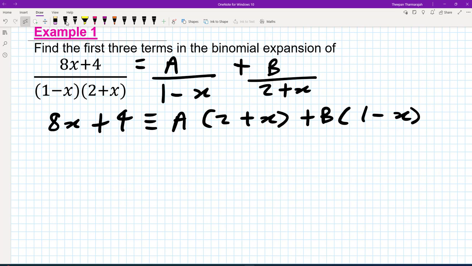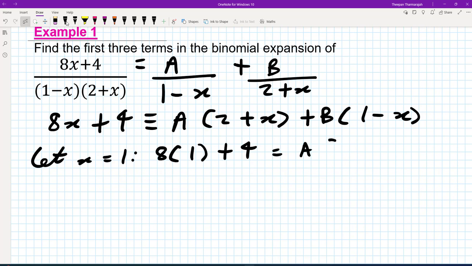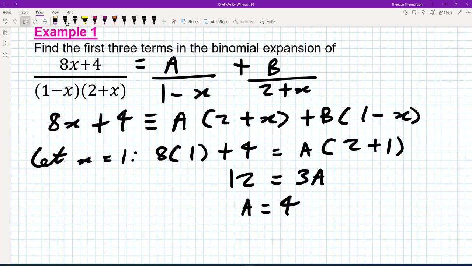So we want to eliminate b, so let's make x equal to 1. So 8 times 1 plus 4 equals a times 2 plus 1. So 12 equals 3a, a equals 4.